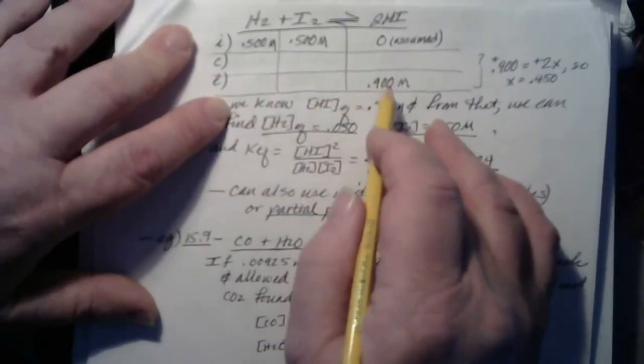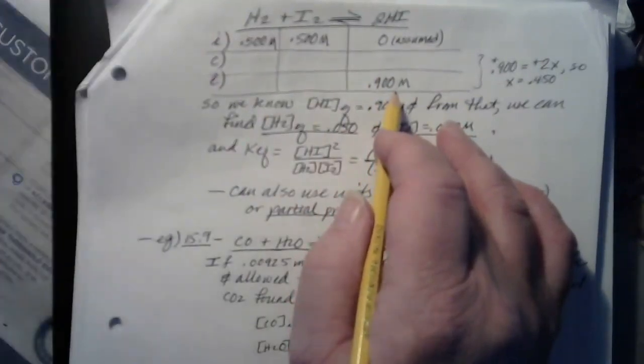Now, we don't know yet what the changes are, but one other piece of information they did give us was that the equilibrium concentration of the HI is 0.9 molar, or 0.9 moles in 1 liter, in other words. But notice what we've got here with the HI. We know we started with nothing, and we know we ended up with 0.9 molar.